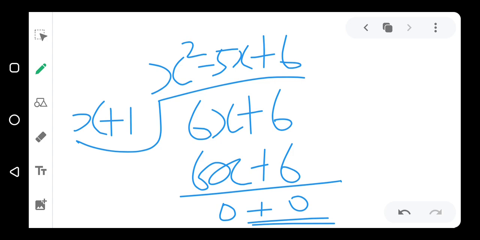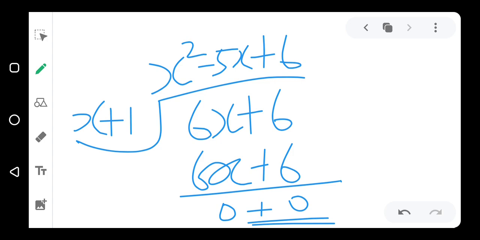And that means that the factor given to us is a real factor of it. It is a zero of the polynomial because it gives us 0. It is actually the real factor of it, because after dividing it gives us 0.